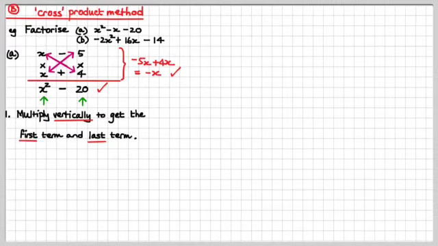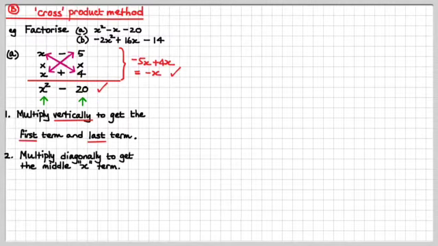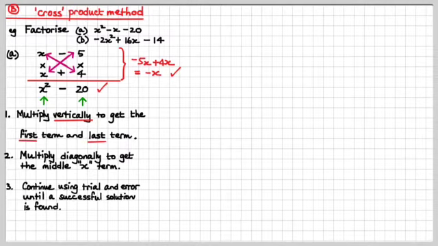So, you multiply vertically. That's this times this gets me this, to get the first term and the last term of the expanded version, right? x times x gets x squared, minus 5 times plus 4 gets minus 20, yes. And then in the second stage, you multiply diagonally to get the middle or x term.